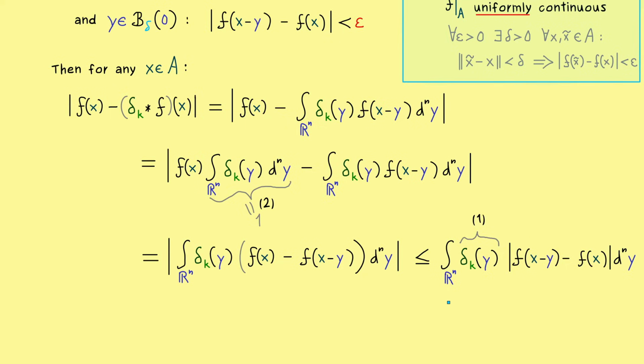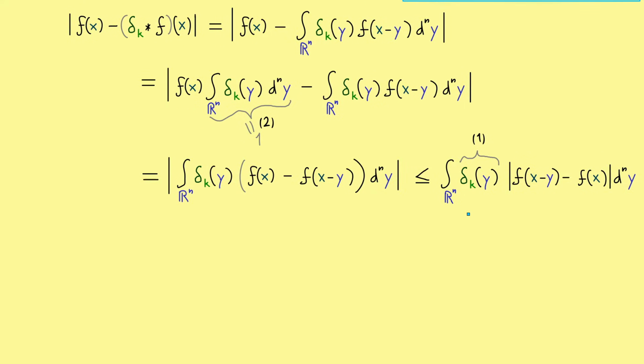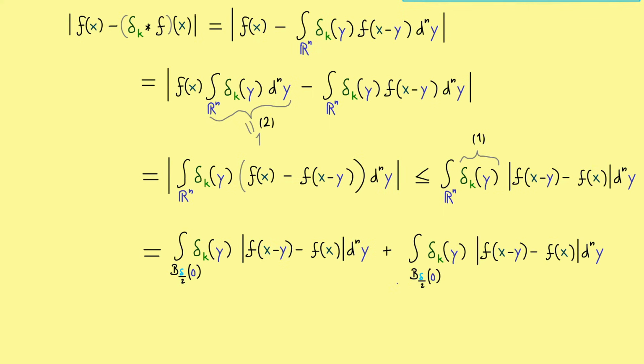And now you might already know that we will also use the third property of our Dirac sequence, which actually just means that we will split up the integral into two parts. And we will use our delta from above, but we also use some safety distance, so we use the radius delta half. Hence the second integral on the right will be over the complement of this ball.